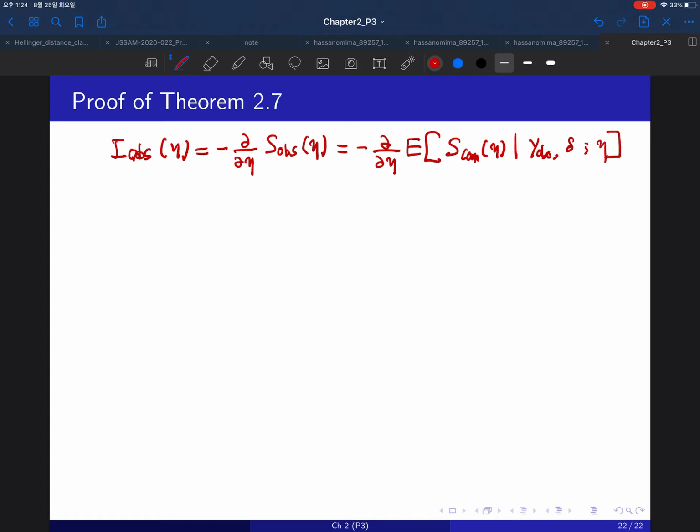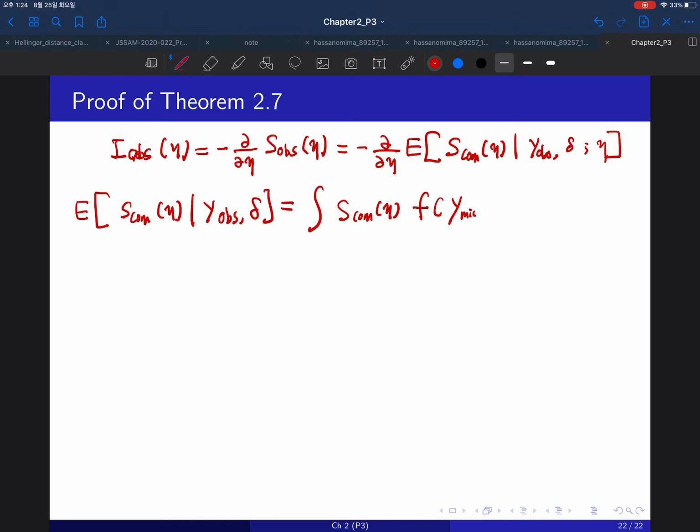Okay, so what is this, by the way? This is SCOM theta computed by y miss given y obs and delta and theta, because it depends on the parameter, the y miss.